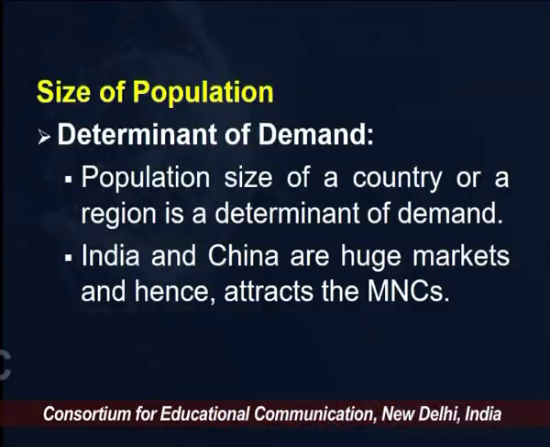The different determinants of size of population or factors of size of population are as follows. First, it is a determinant of demand. Population size of a country or a region is a determinant of demand. Higher the population, we believe that the demand for the products will be higher. For example, India and China are huge markets and hence attract the multinational corporations.